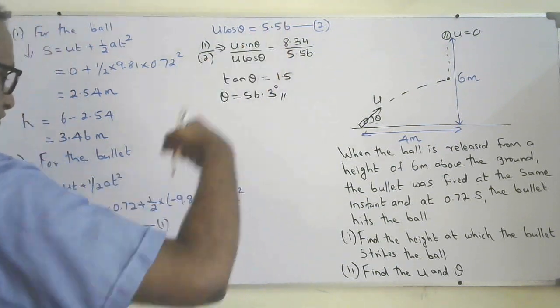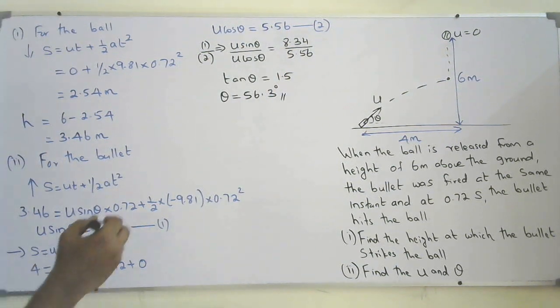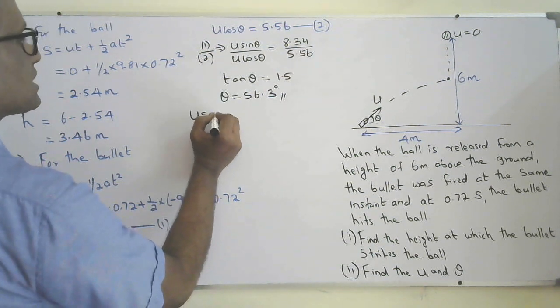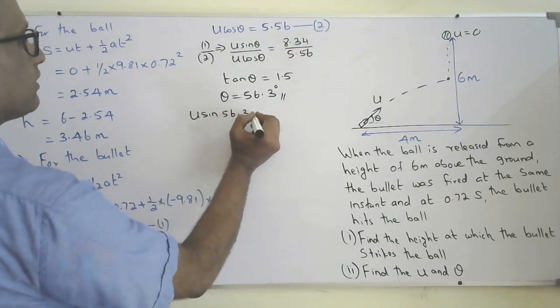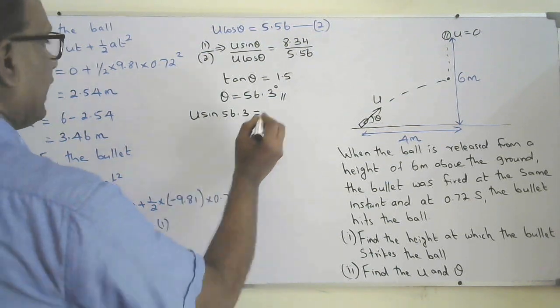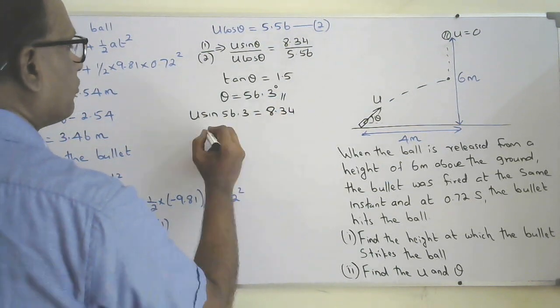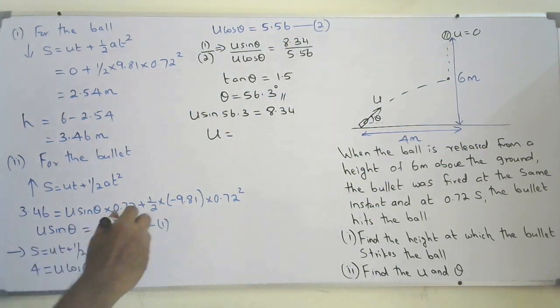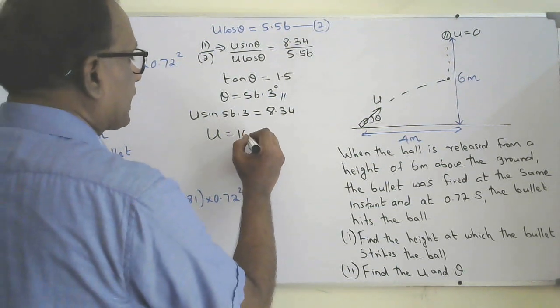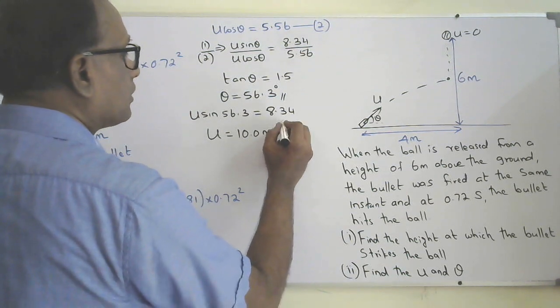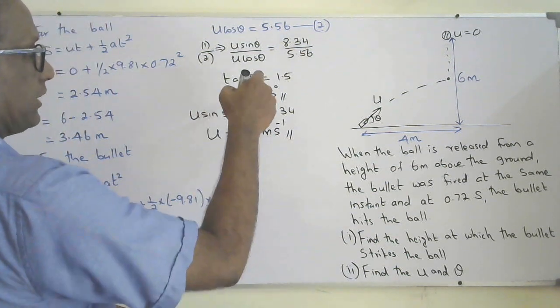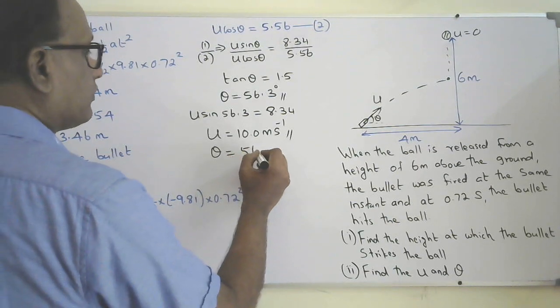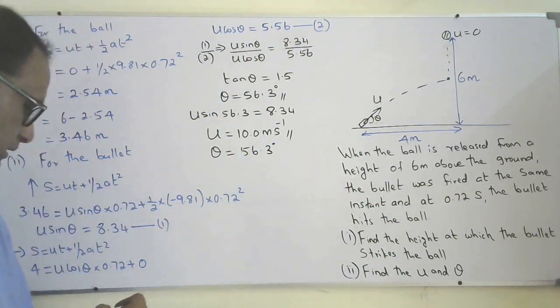Substitute this value in one of the equations, either 1 or 2. If I substitute in the first equation, u sine 56.3 equals 8.34. So u is 8.34 divided by sine 56.3. u will be equal to 10.0 meters per second. So I know u, and I know theta, 56.3 degrees. So that's the second part.